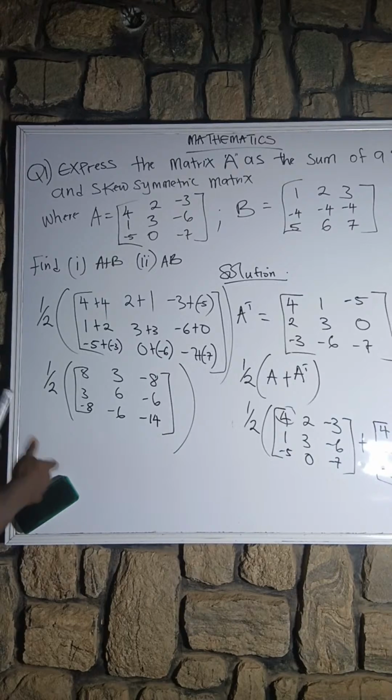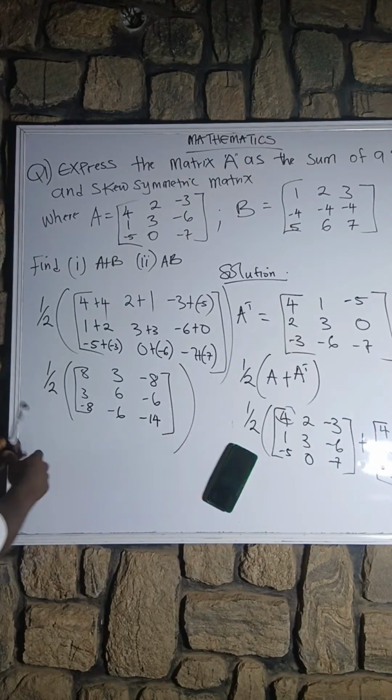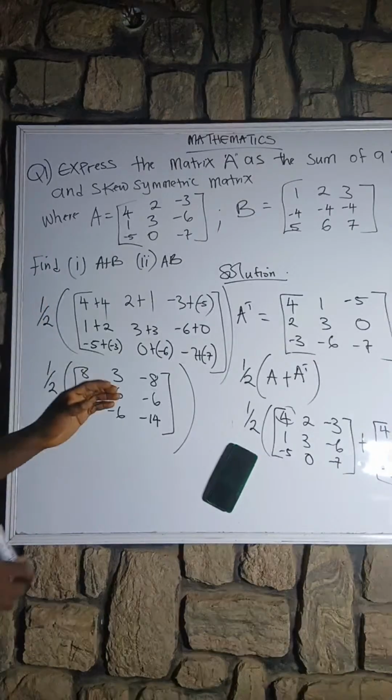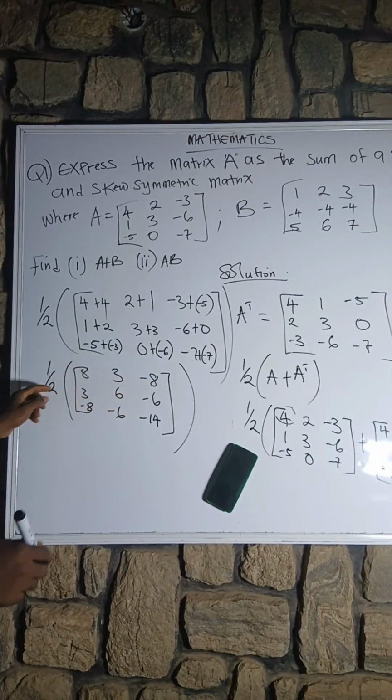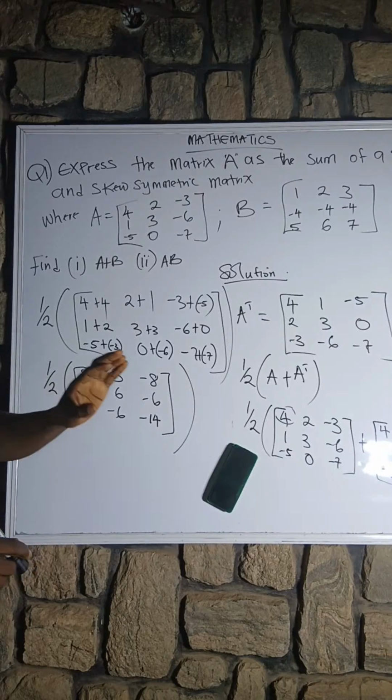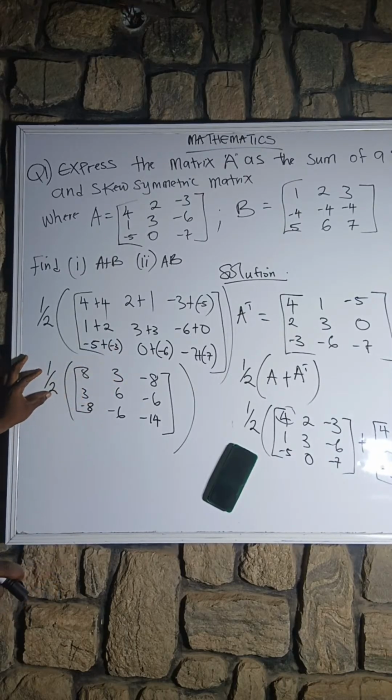Now, we are going to be opening the bracket by multiplying each of these elements by half.